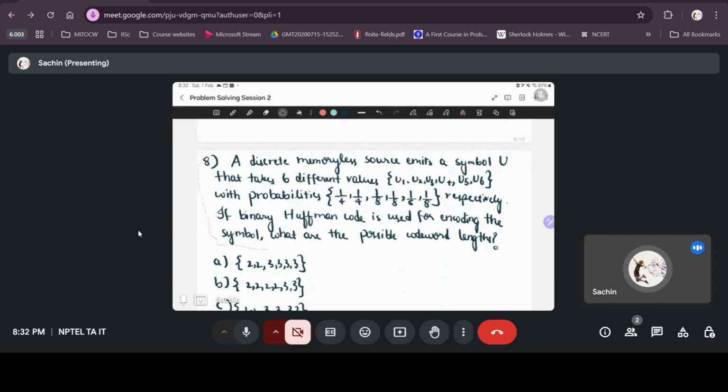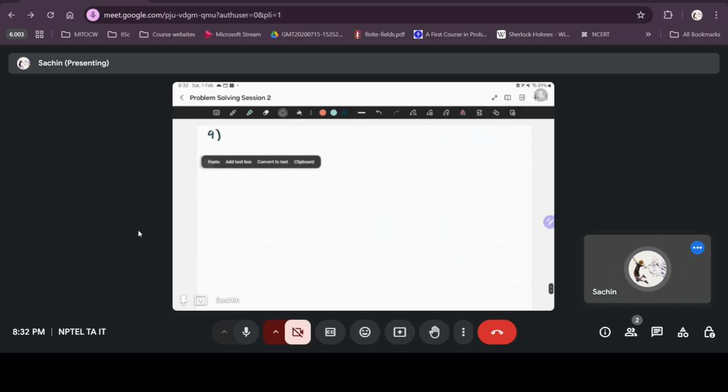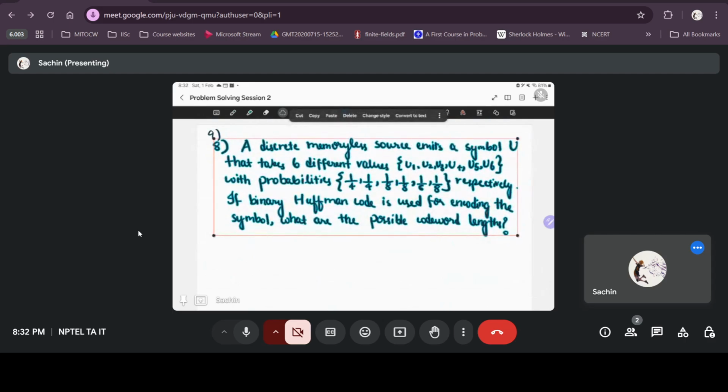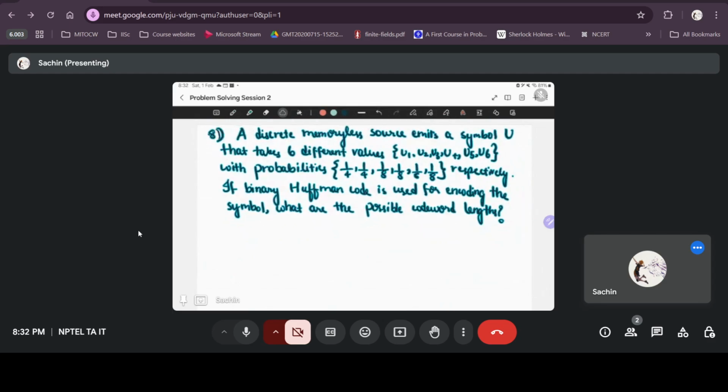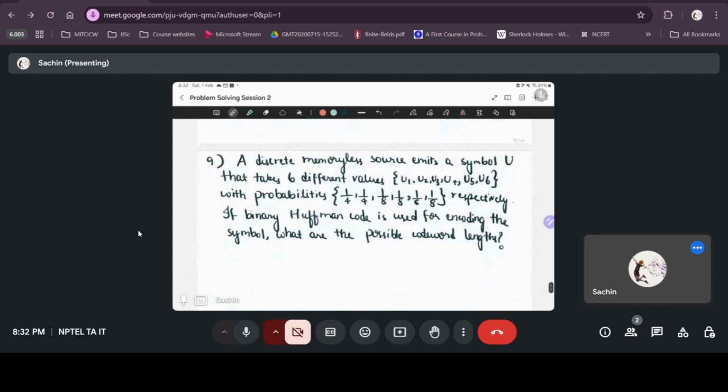Question number 9 is Huffman coding, but instead of binary Huffman code, you're going to do 4-ary Huffman code. So instead of binary, this is 4-ary.